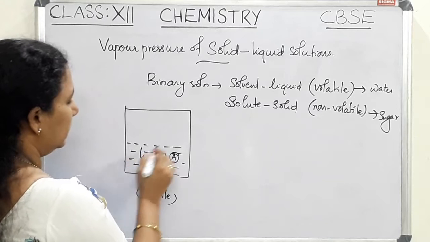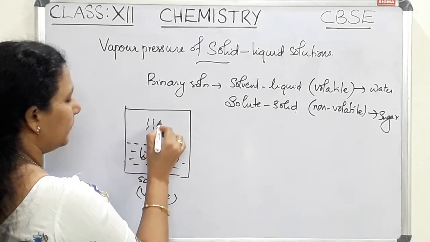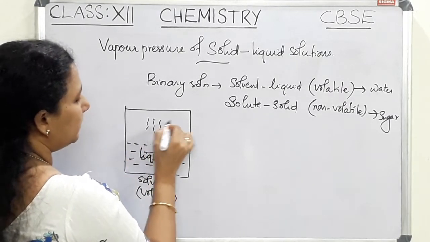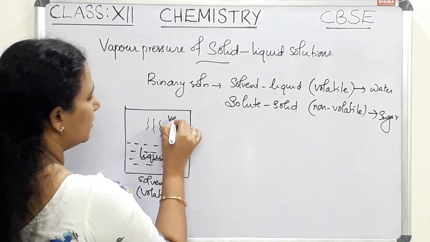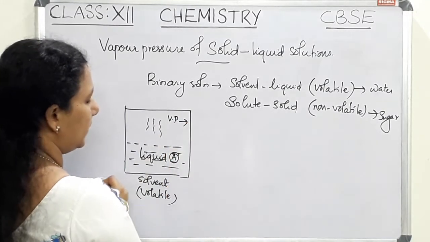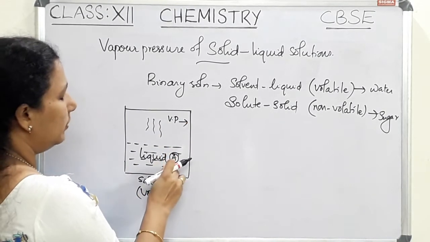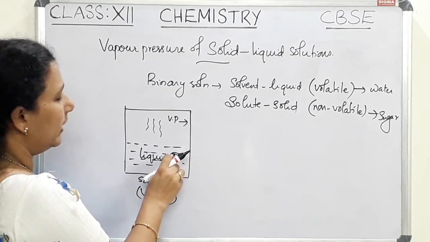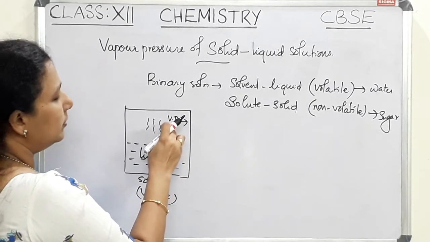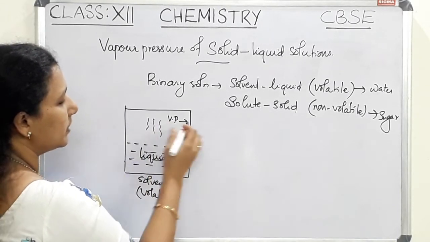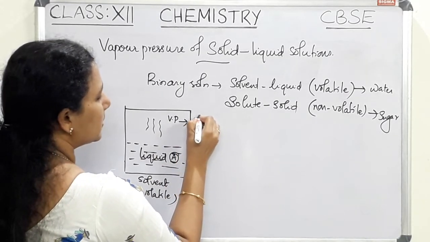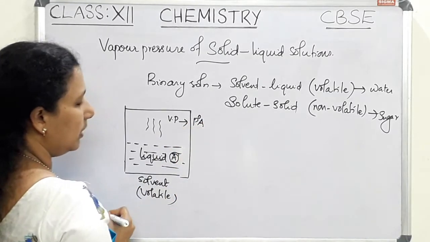And we know that there is evaporation, and due to the pressure of these vapors, there is vapor pressure. So molecules of liquid A will evaporate, and due to that evaporation there is vapor pressure, and the vapor pressure is denoted by P0A.